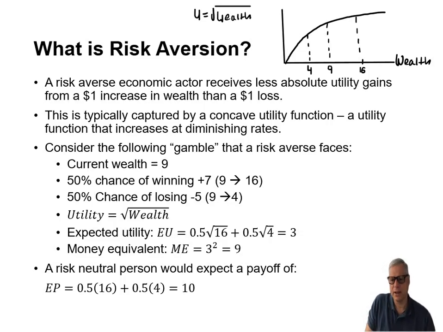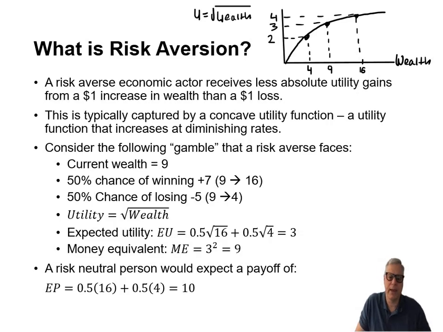Okay, so now if we take a look at the respective utilities, which is the square root of the wealth, then here we have 2, the square root of 4, that's 2, and the square root of 9, that's 3, and the square root of 16, that would be 4.